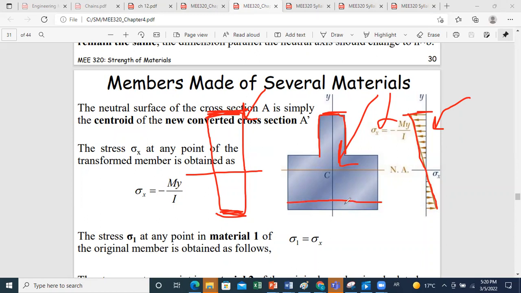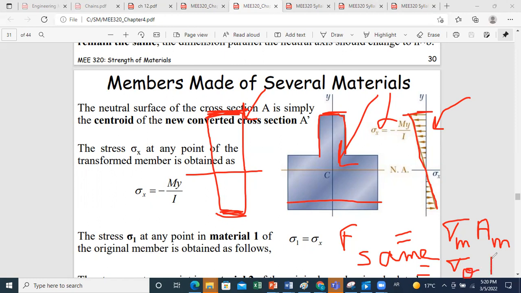Because we have the same force, F, and you know that the force is stress times area, let me say this is A modified and this is sigma modified. Since F is the same, sigma modified times A modified is equal to sigma original in the original section of the compound beam times A original.